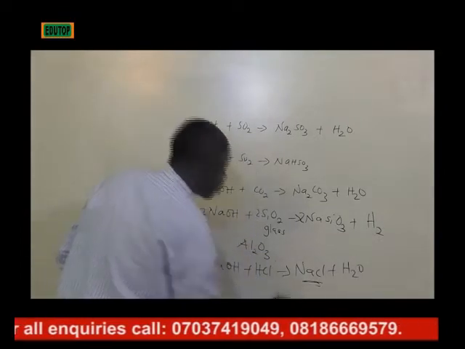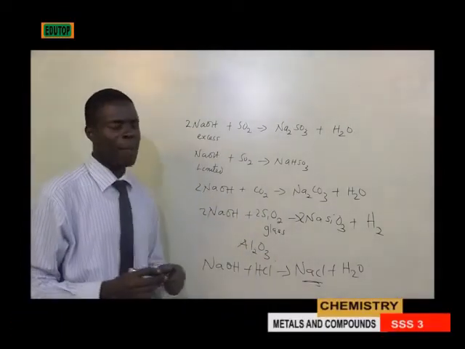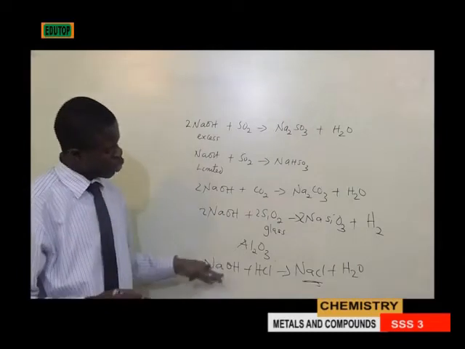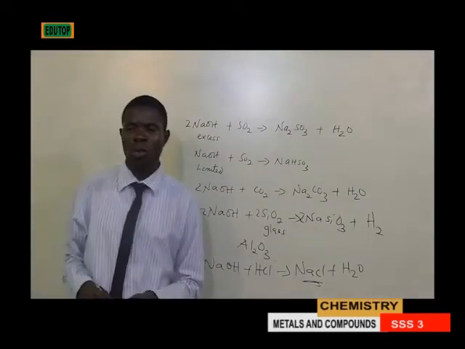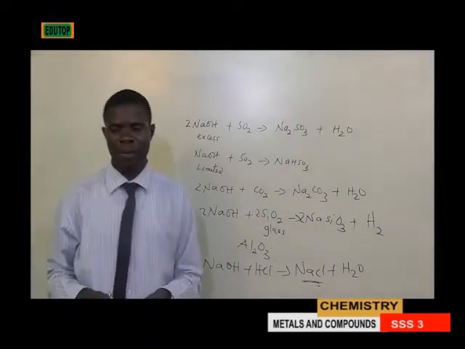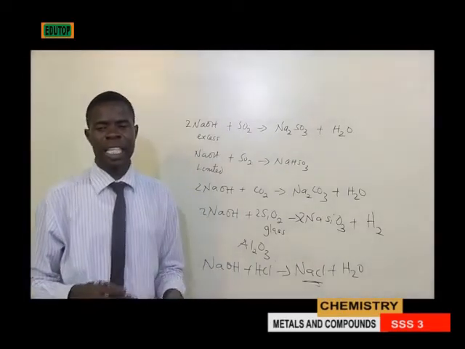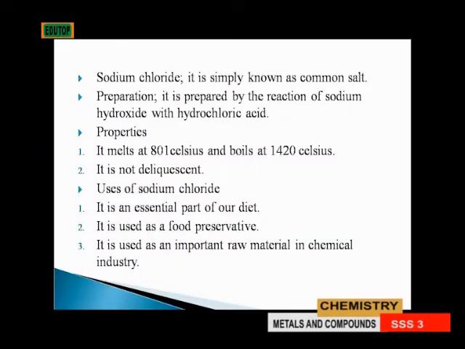So the compound of interest, which is sodium chloride, can be prepared by the reaction between sodium hydroxide and hydrochloric acid. Properties. It melts at 80 degrees Celsius and boils at 1420 Celsius. It is not deliquescent, that is, it does not absorb moisture from the atmosphere to form solution.